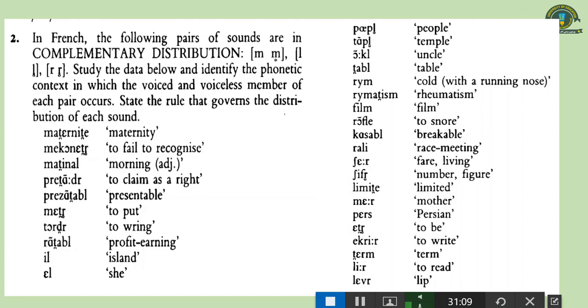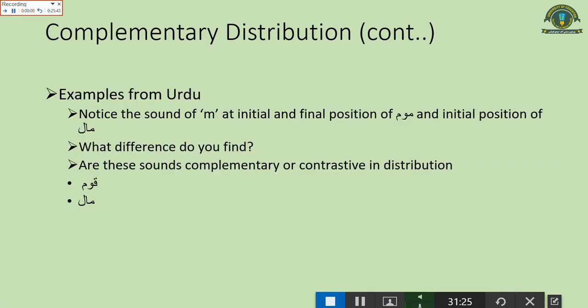Okay, so now we looked at the examples of the sound r. You have to look at the examples of the other two pairs, ma and la. Okay, now we'll move on to the next topic. There are some examples of complementary distribution from Urdu. Now you can notice the sound of ma at initial and final position, for example when you say mom.